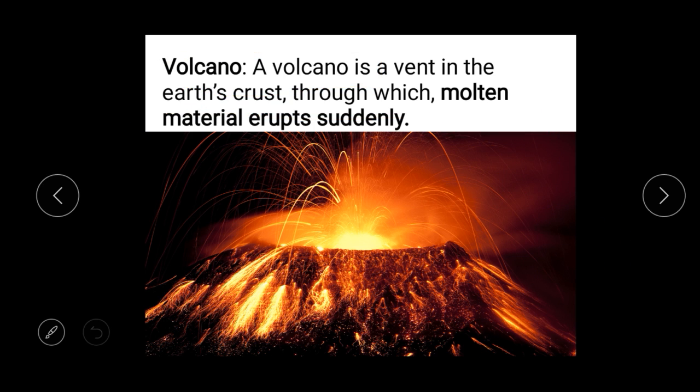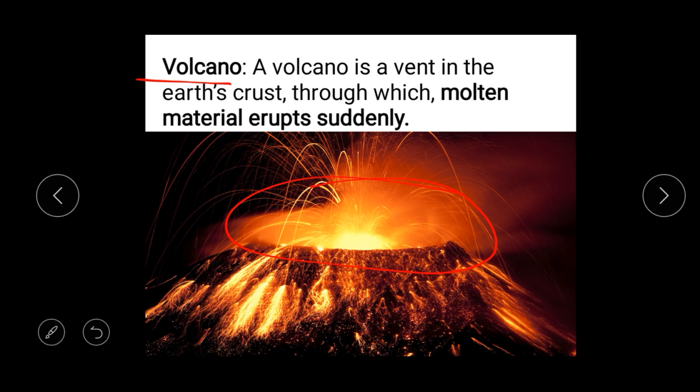Next, now we are going to see about volcano. Do you know about volcano? Yes, very good. A volcano is a small vent in the earth's crust. Crust is the top layer.